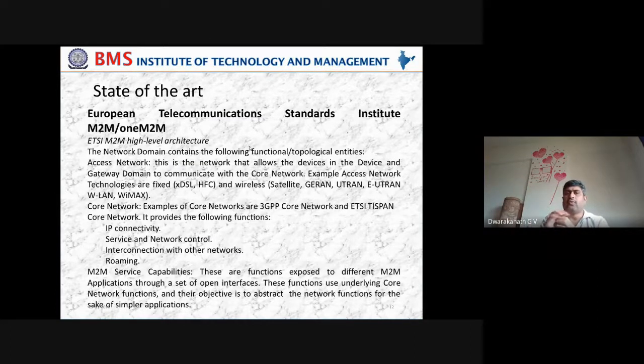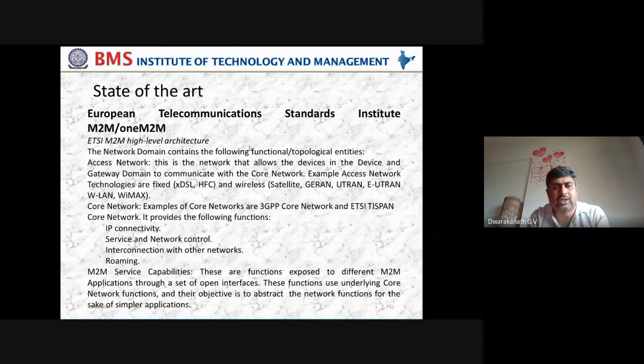Okay, so from this, what is a core network? Examples of core networks are the 3GPP core network, meaning mobile third-generation protocols, and ETSI TISPAN networks. Then IP connectivity: through an IP address I connect to the internet.